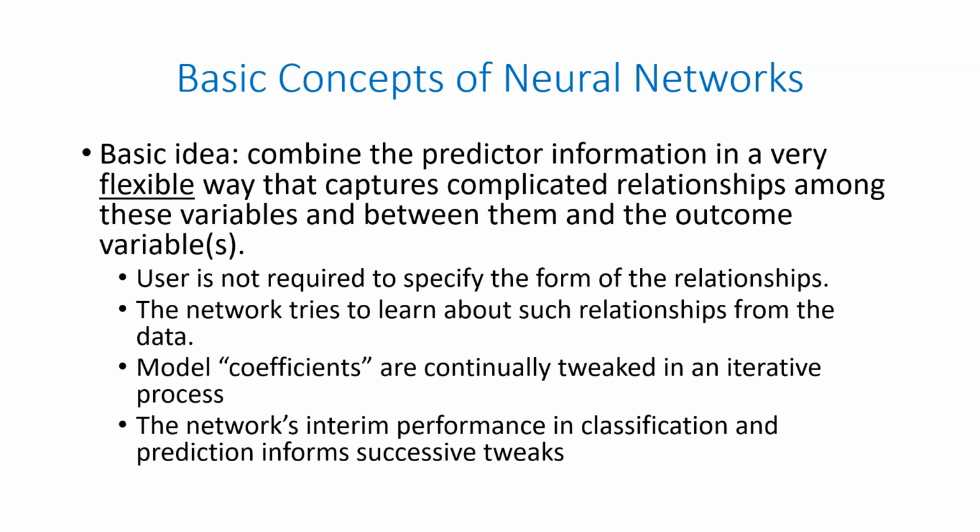In other words, the network's interim performance in classification and prediction informs successive tweaks made to the model. Therefore, neural networks use an iterative process to incrementally improve its predictive performance.